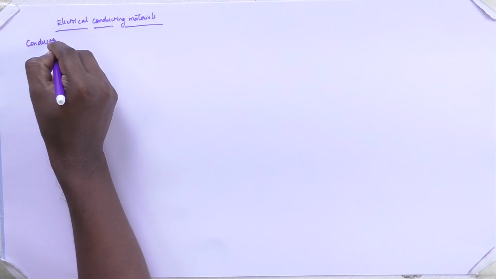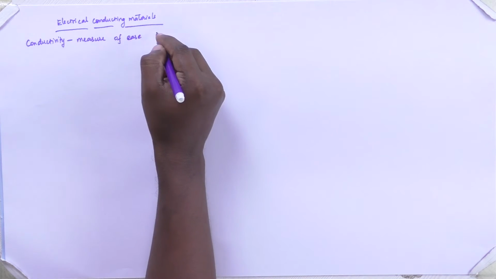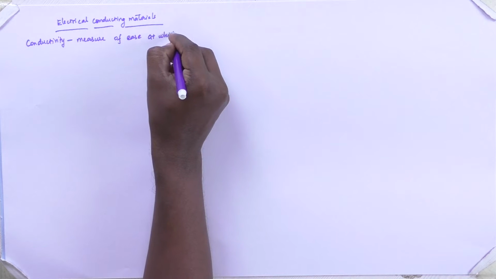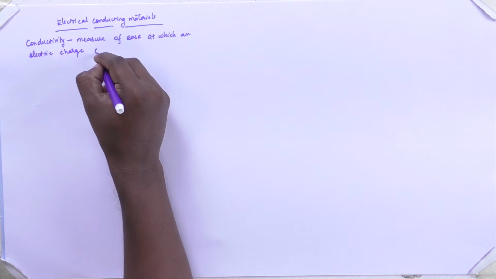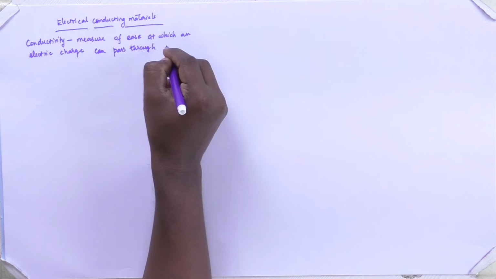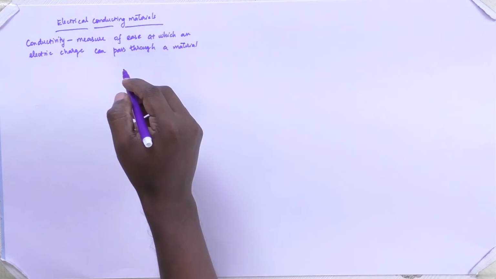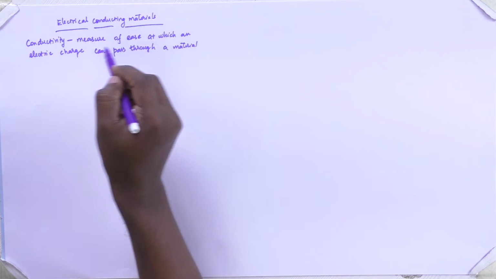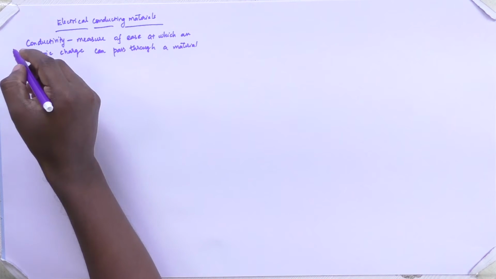By definition, conductivity is a measure of ease at which an electric charge like electron can pass through a material. So this is conductivity, in which measure of ease at which an electric charge like electron can pass through a material. That's what we call as conductivity.